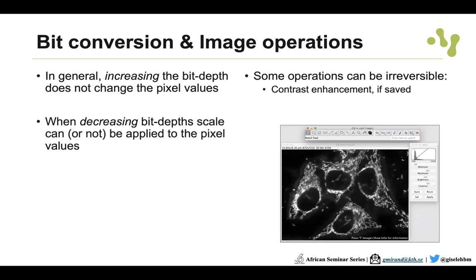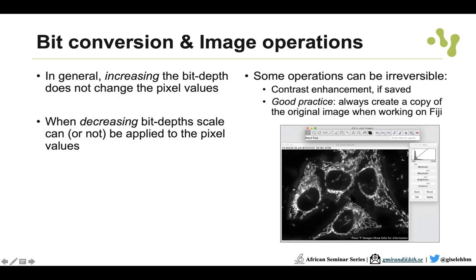And also some operations can be reversible. So when changing brightness and contrast, for instance, in Fiji, that's the Fiji interface, you can apply the transformation. So always a good practice is to create a copy of the original image when working in Fiji.